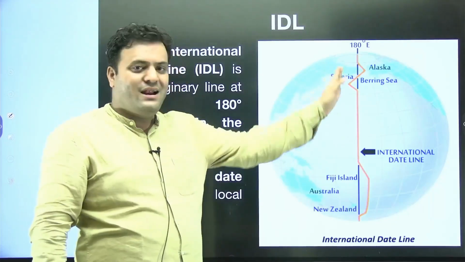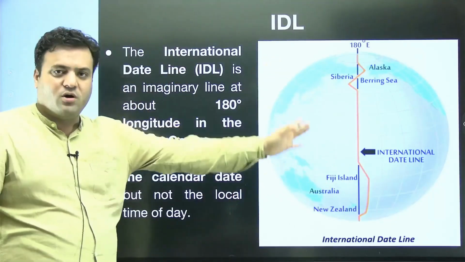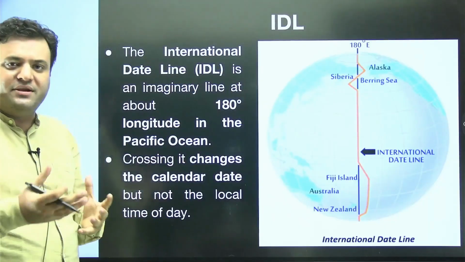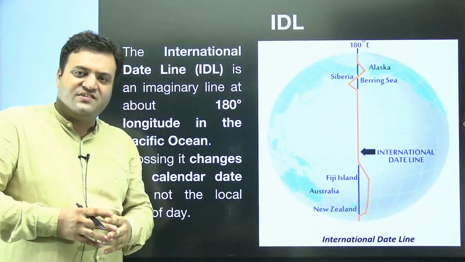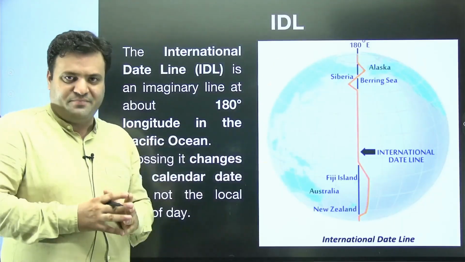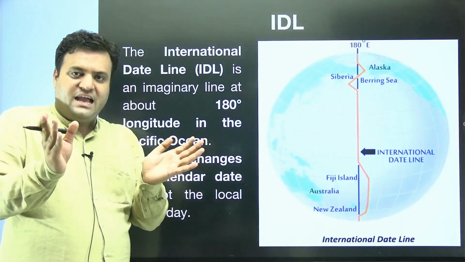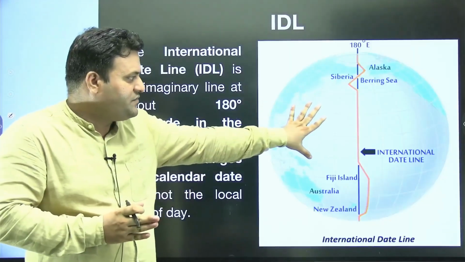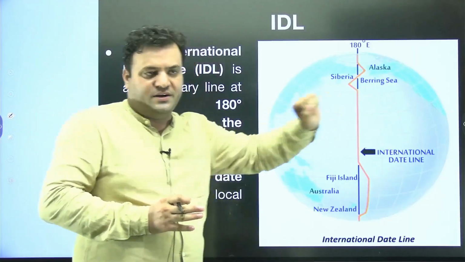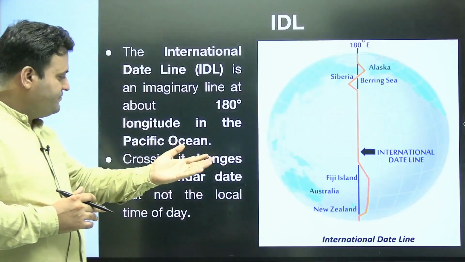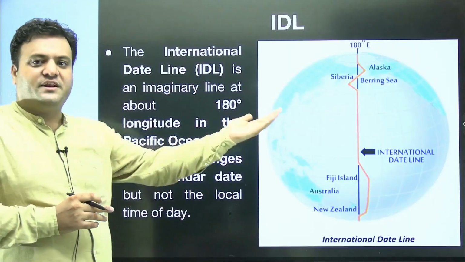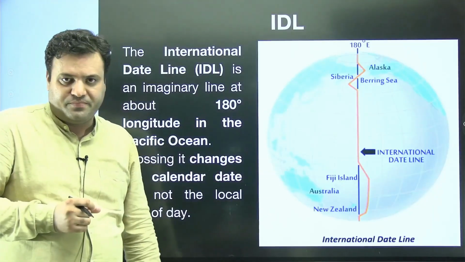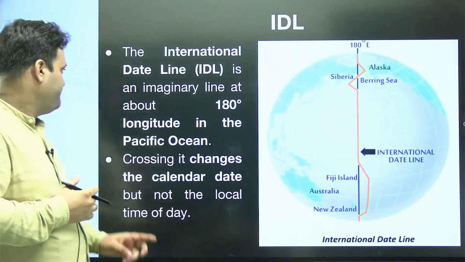So on 180-degree east, we have the International Dateline. The International Dateline is an imaginary line drawn at 180 degrees, where we have a clear-cut distinction between the Eastern Hemisphere and the Western Hemisphere. And if you cross this International Dateline, there will be a variation in terms of time. How? Let's see.